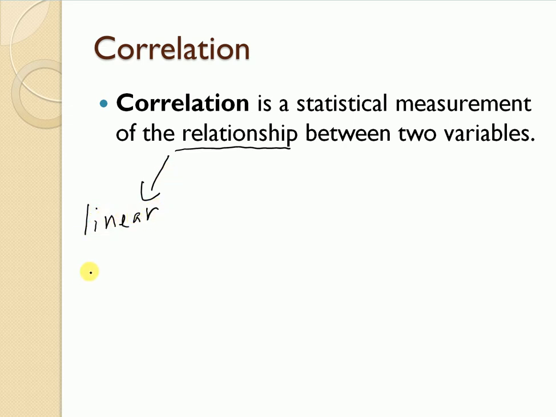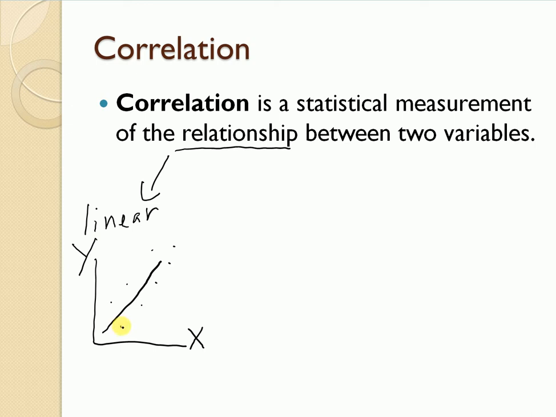and a linear relationship is one which can be modeled by a straight line. So on a scatter plot, we use the x-axis to represent our independent variable and the y-axis to represent the dependent variable.